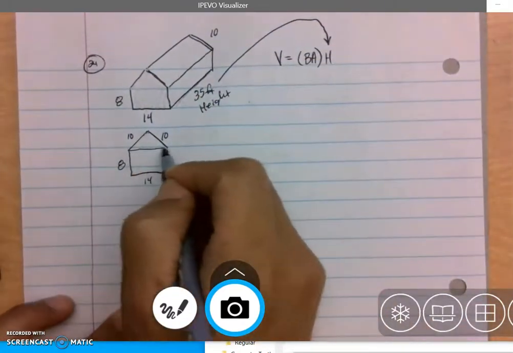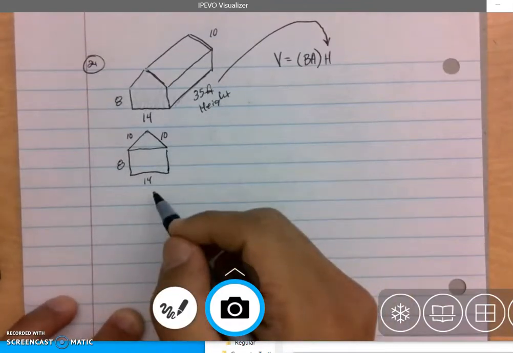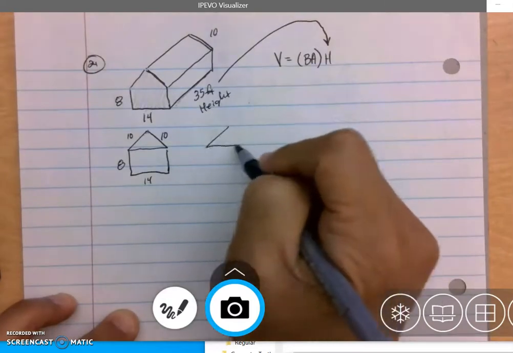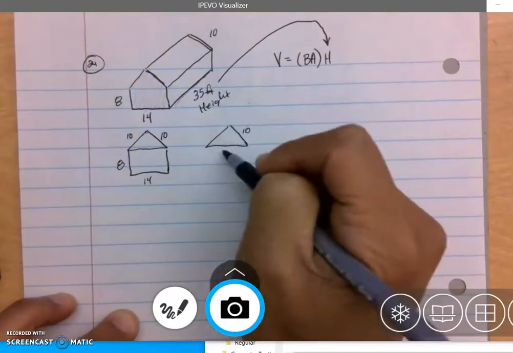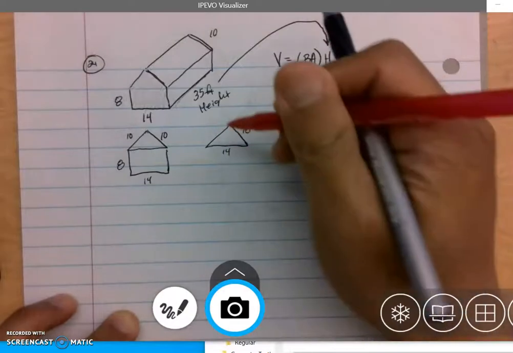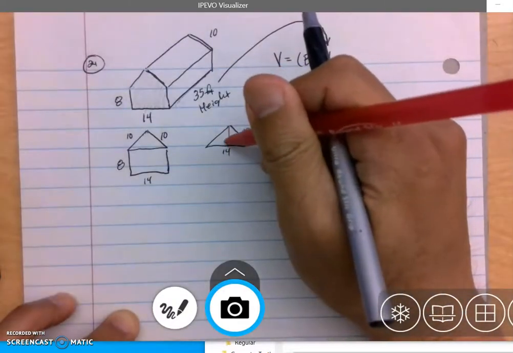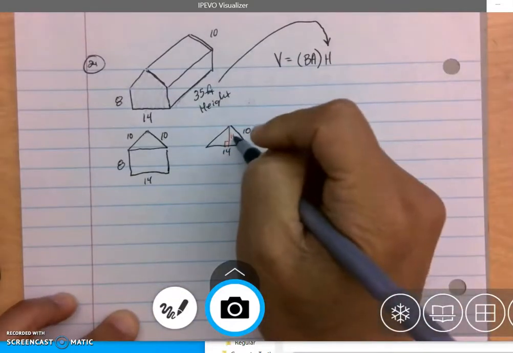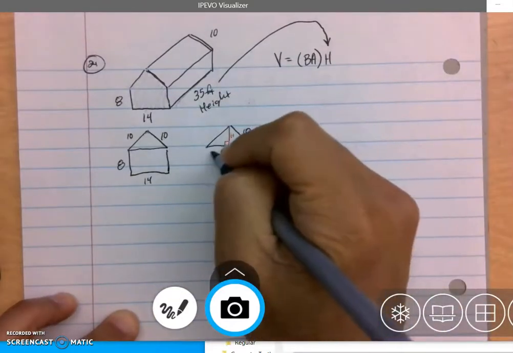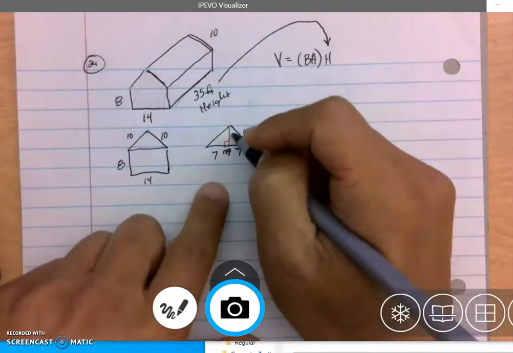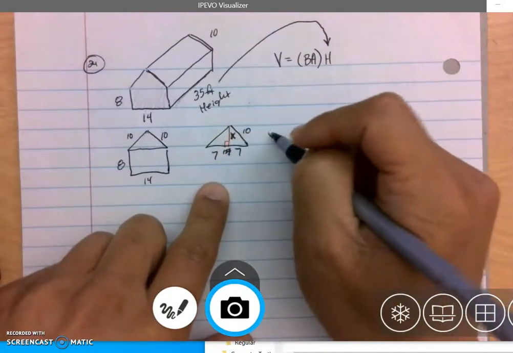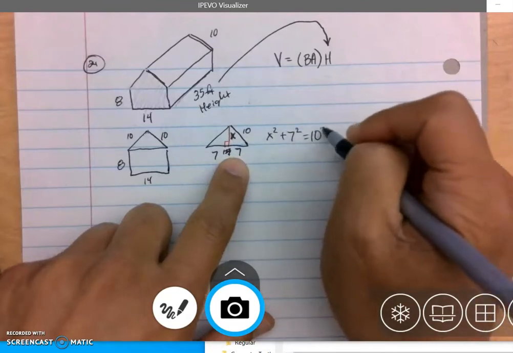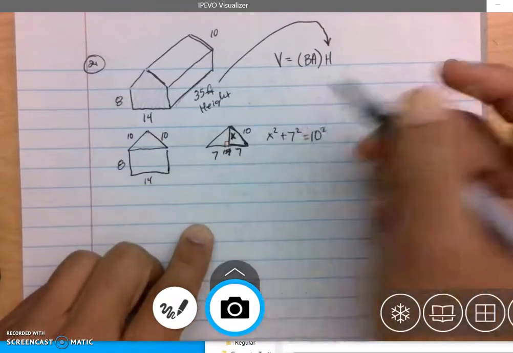Need to break this into a triangle and a rectangle. With the triangle, we know a triangle is 1/2 base times height. We need to figure out the height. We need to figure out this h right here. This is an isosceles triangle, so it splits it into a 7 by 7 here. I'll put an x there for the height. We're going to need to do x squared plus 7 squared is equal to 10 squared, just focusing on one of these right triangles.